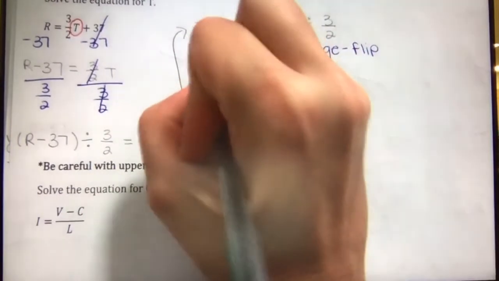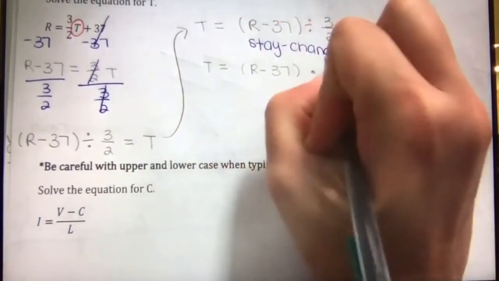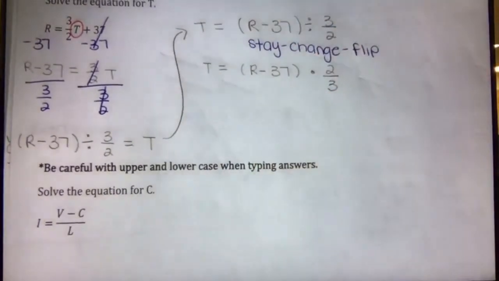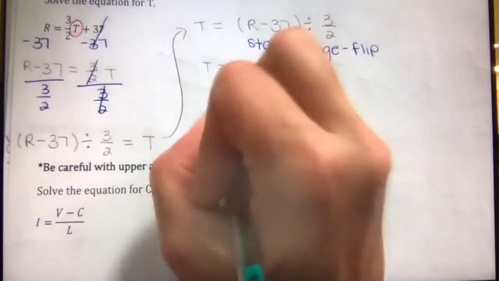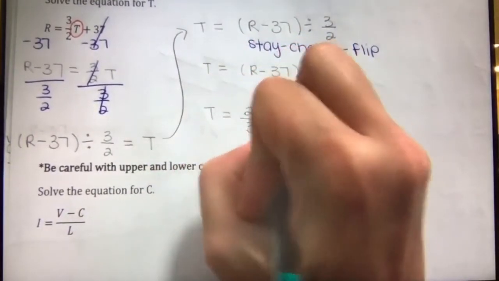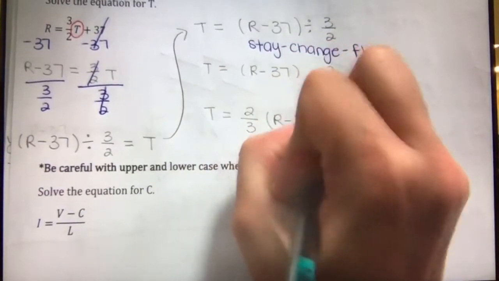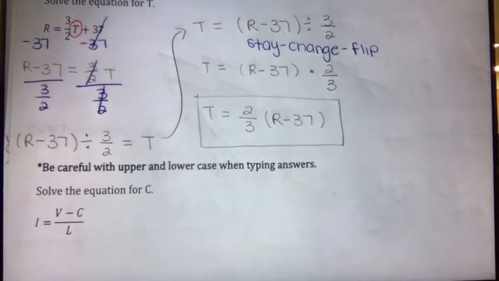So we have t equals R minus 37 times 2 over 3. I can multiply in any order, so it might be easier to write 2/3 times R minus 37. Final answer.